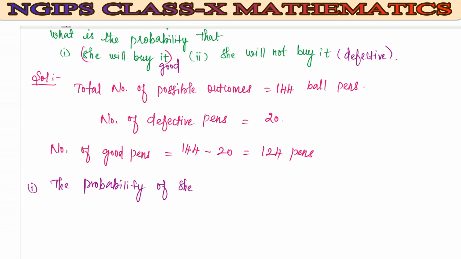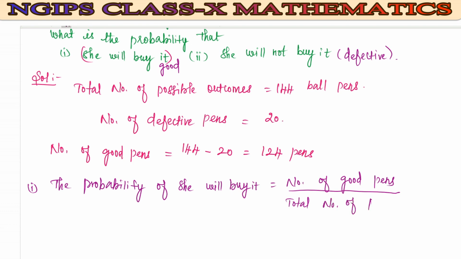Therefore, first sub question, the probability that she will buy it is equal to number of good pens divided by total number of possible outcomes. Here good ones we have 124 divided by total number, 144.